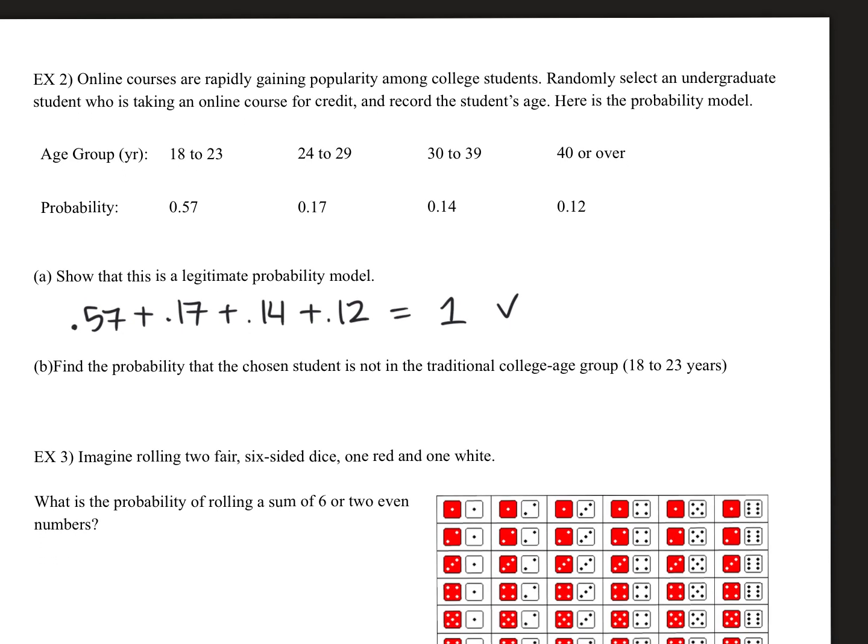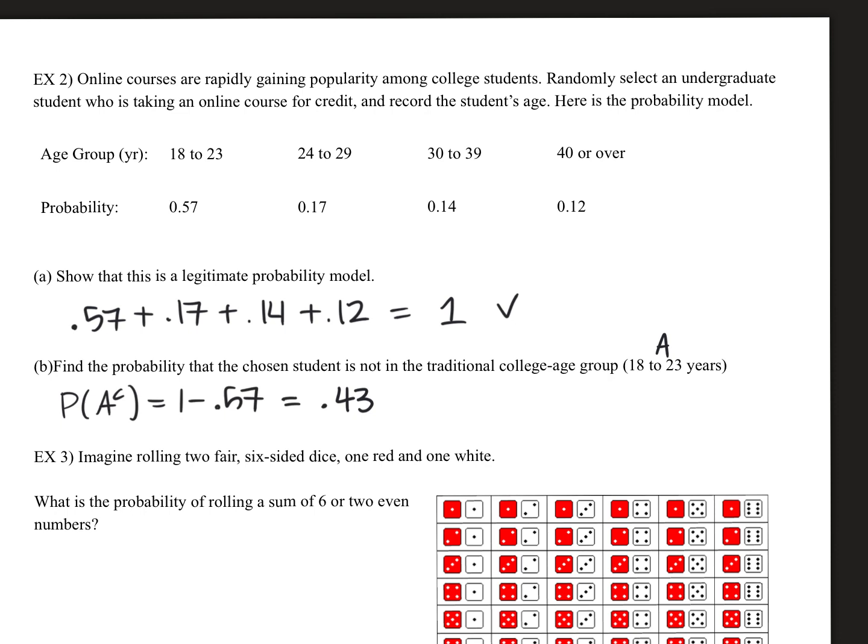Now we want to find the probability that the chosen student is not in the traditional college age group, which is 18 to 23. So we're basically saying find the probability that they're not in A. Because if we let A be the 18 to 23, we're finding the probability that they're not in that, which is 1 minus the probability they are, which is 1 minus 0.57, which is 0.43.